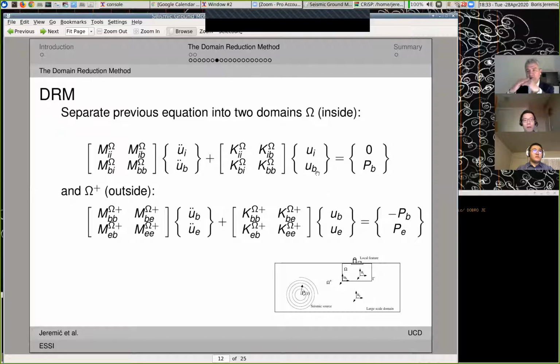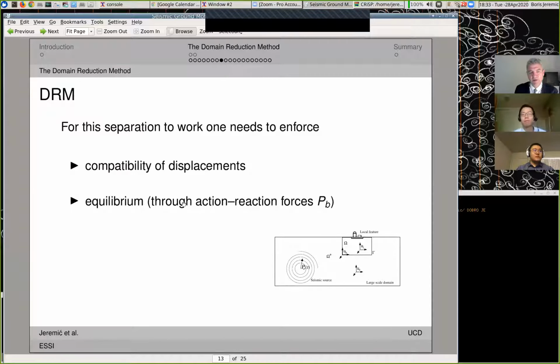The other thing, when you split up a domain into two subdomains, there will be some action and reaction between the two subdomains, and those are those PB forces. The equilibrium action-reaction force PB.